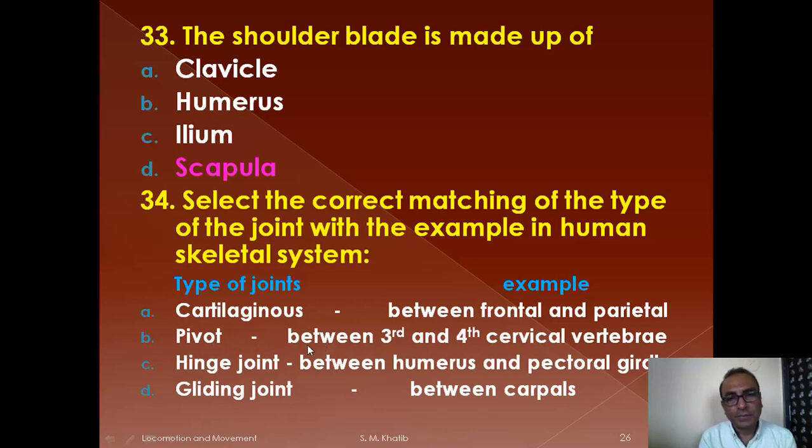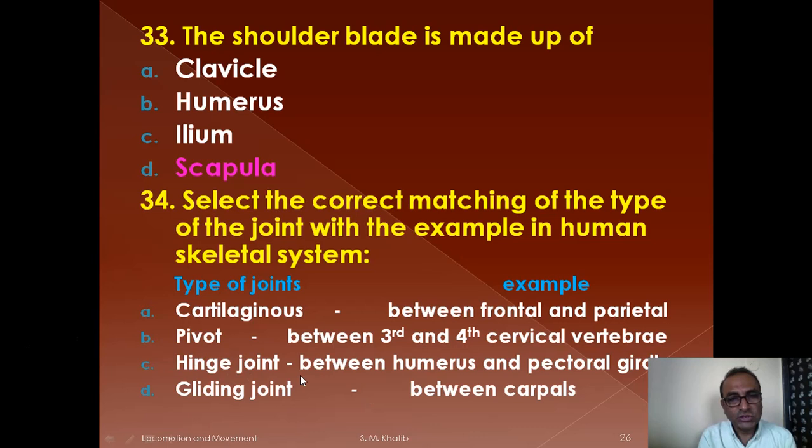Pivot between third and fourth cervical vertebrae. No, it is between first and second cervical vertebrae, because the second vertebra, that is the axis, articulates with the atlas by pivot joint.